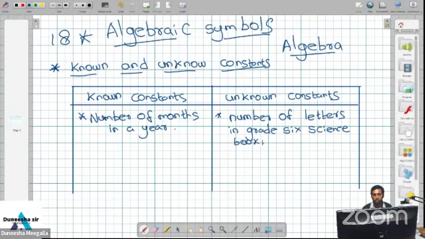Do you know how many letters are in the grade 6 science book? Did you count it? No. It's an unknown constant. Can you understand it? Yes, sir. Okay.